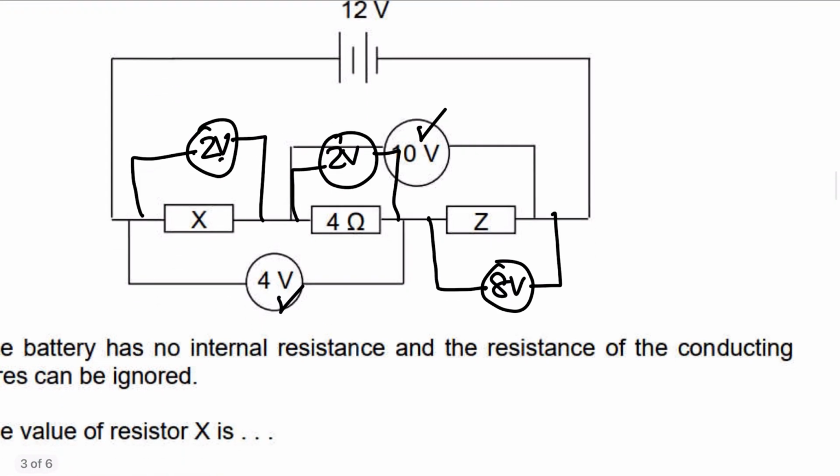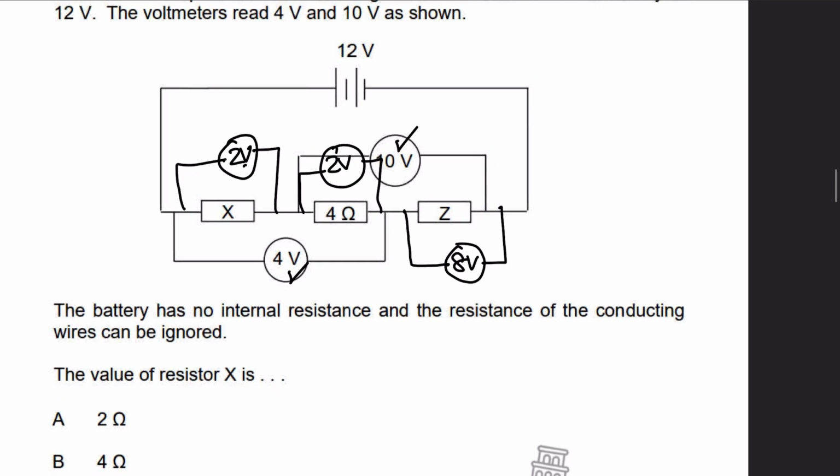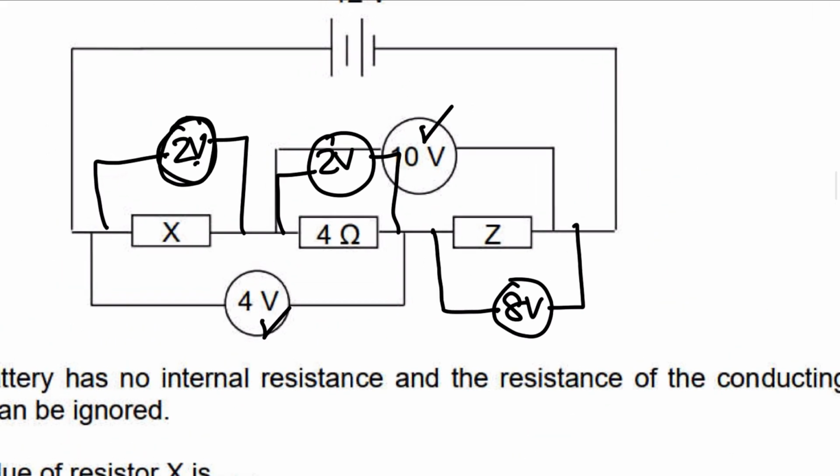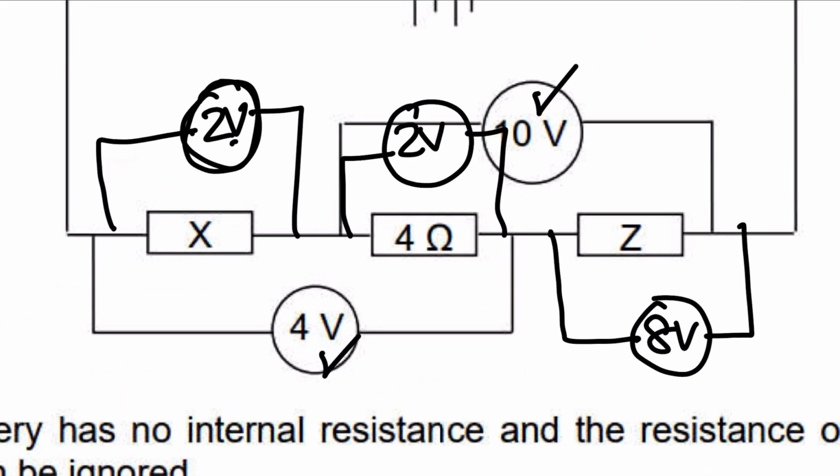So they want to know what is the value of resistor X. Since resistor X is also using up 2 volts, that means it should be 4 ohms as well, right? Because remember, the 4 ohm resistor was using up 2 volts, so that means this 2 volts should be across another 4 ohm resistor.